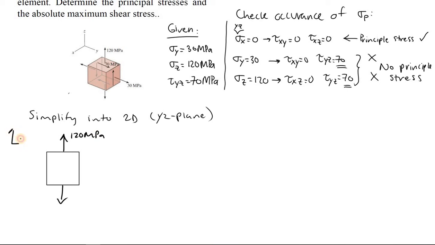Put in my coordinate field, Z, Y, which means this is my Y. 30 megapascals. And then I have my positive shear stress in this plane, 70 megapascals.